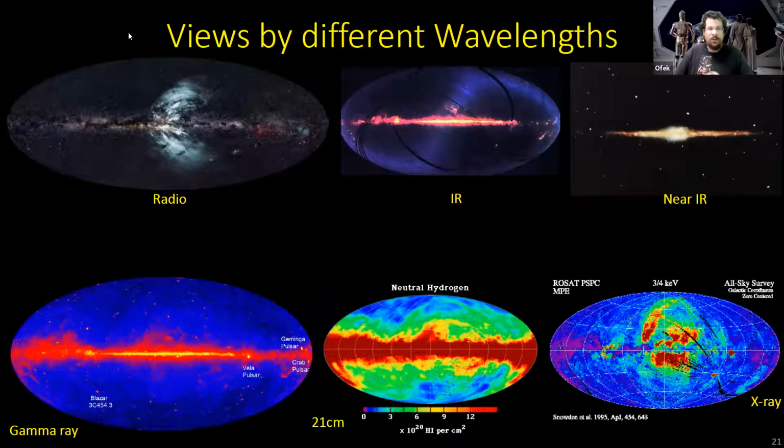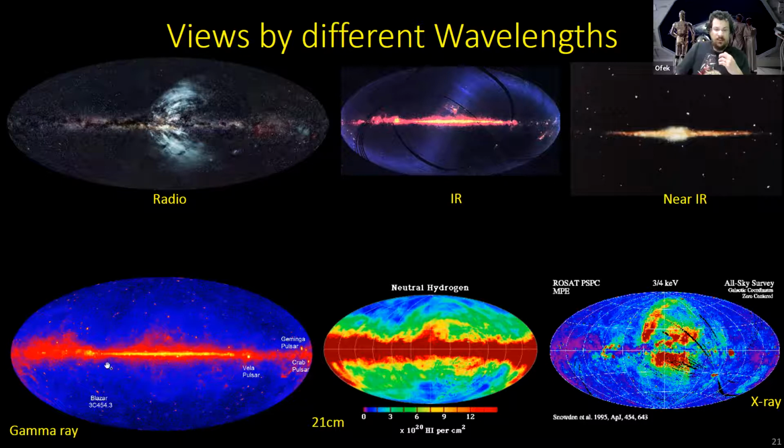In many other ways to look at the galaxy, we can see, again, so this is the IR, which we saw before in a slightly different rendering. You can see the red disk in either near IR, which is closer to visible light, or deep IR, and in high energy. So you can see the gamma ray plane of the disk. You can see the X-ray structure of our disk, of our galaxy.